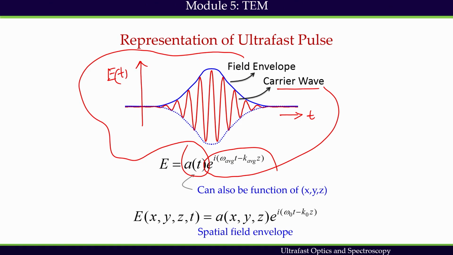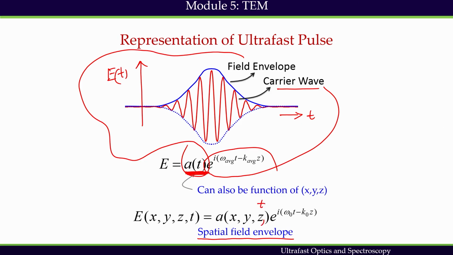So far, this field envelope is expressed as a function of time. But we have to remember that this field envelope can also be a function of spatial coordinate. This is called spatial field envelope. If we express this envelope function, there should be another variable here.